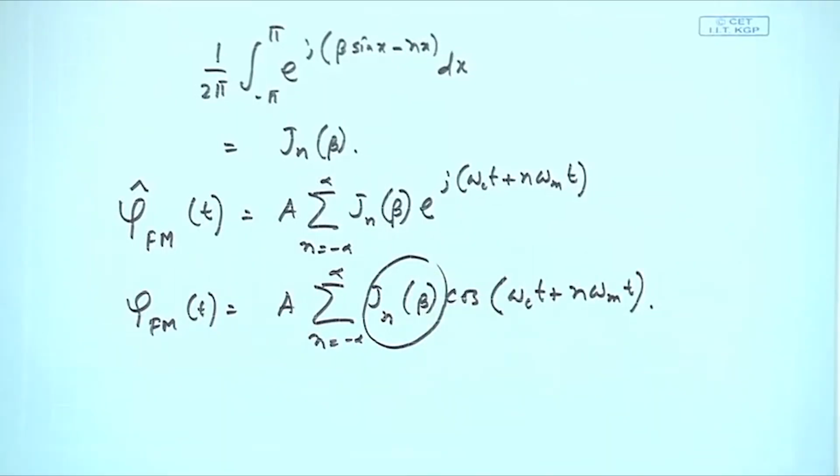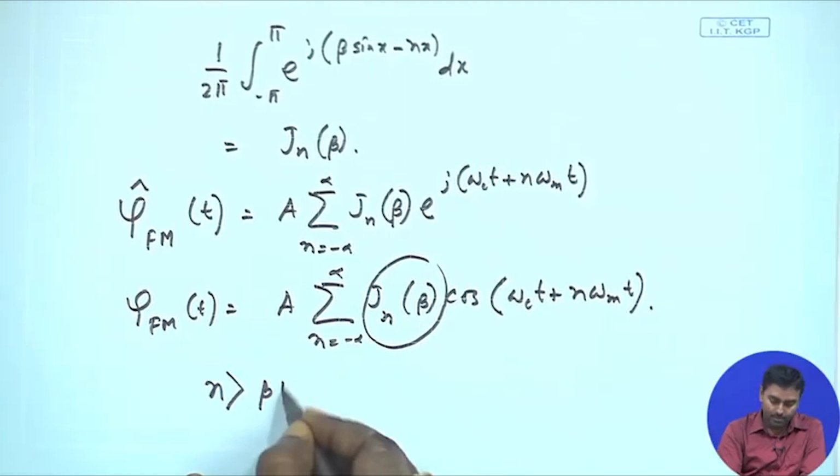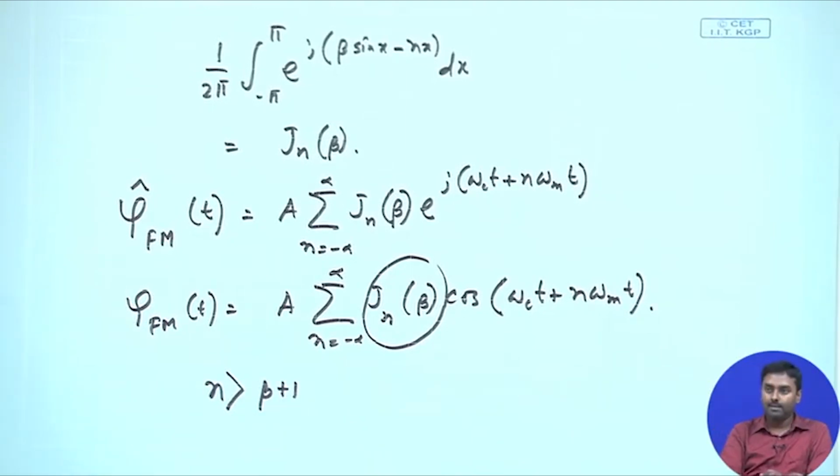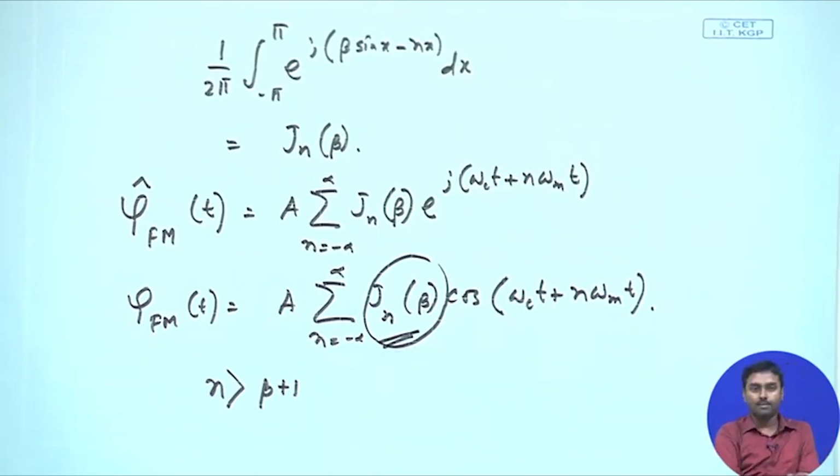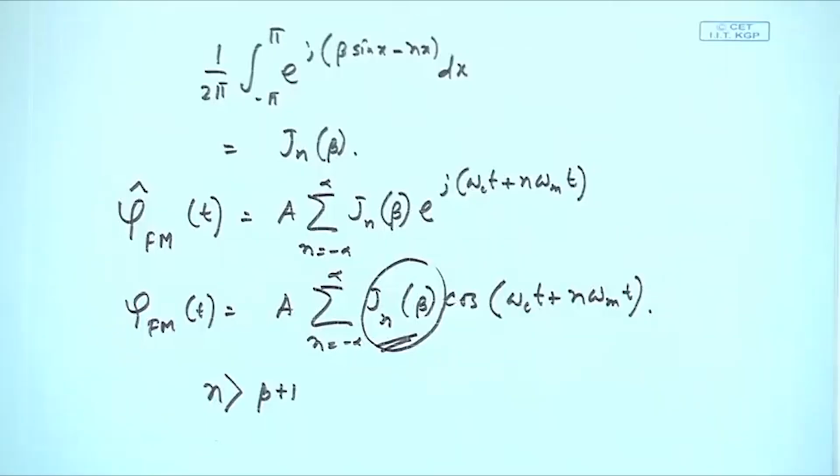But if you carefully analyze this J_n(β), it is revealed that as n goes bigger than β plus 1, the value of J_n(β) becomes insignificant. This is something you can actually see from the Bessel function plot for different values of β and n. So, for every β, there is a β plus 1 beyond which that n value is not really significant.